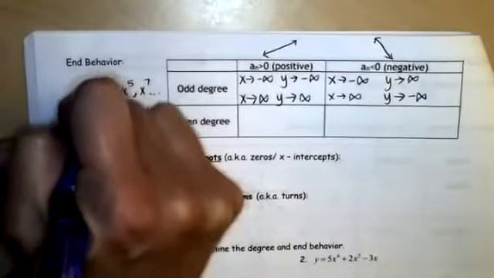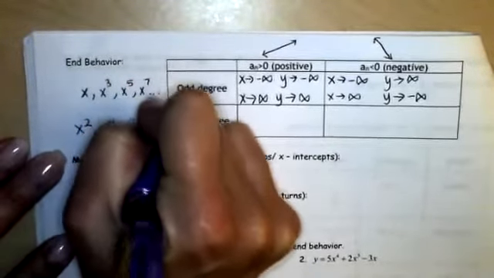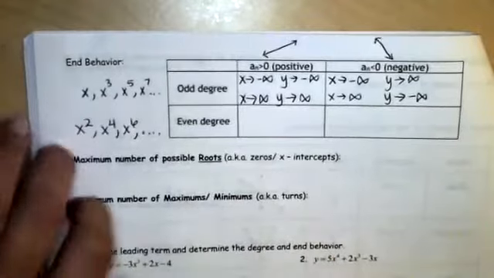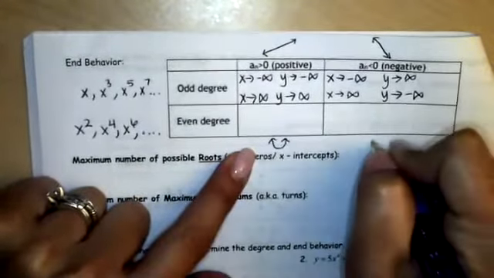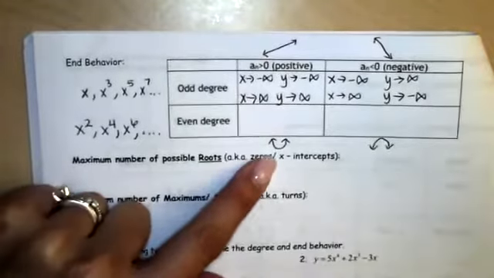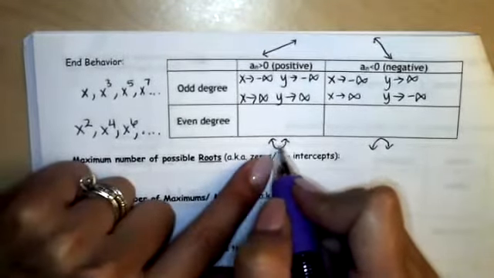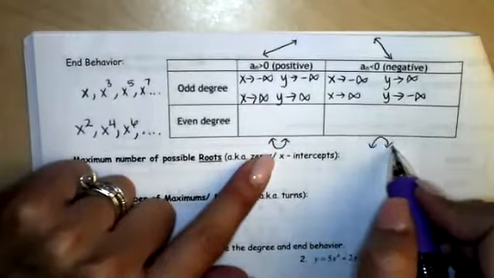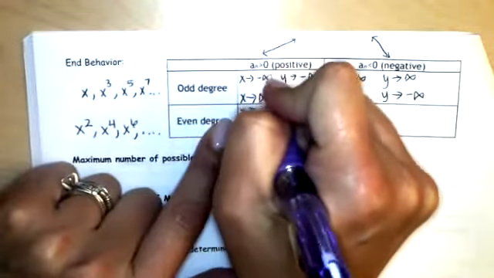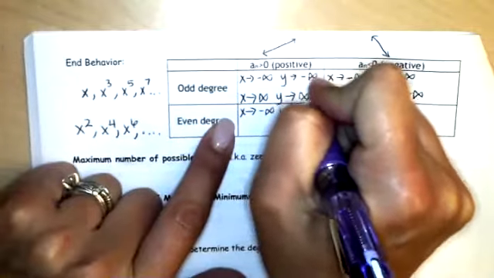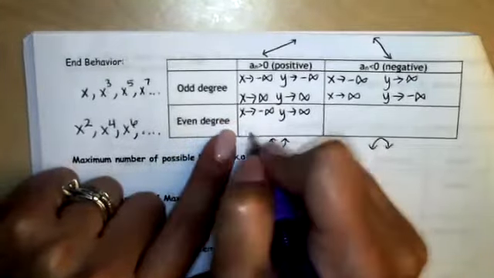For the even degree function, so we're talking about an x squared, an x to the fourth, an x to the sixth, and so on, you're going to go back and revert to the quadratic because you know that one well. And so our quadratic, when we had a coefficient that was positive, opened upward. When we had a coefficient that was negative, it opened downward. So we say as x approaches negative infinity, y approaches positive infinity here, because on the left, it's going up.